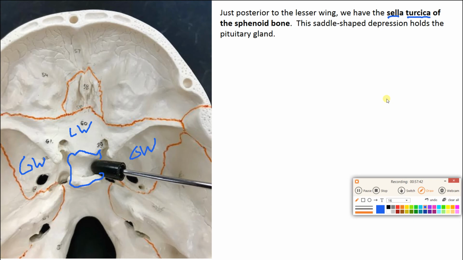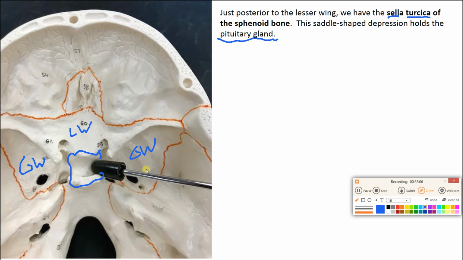The sella turcica holds an important gland called the pituitary gland, which is very important for bone growth, among other things. I love the sella turcica because it is a great landmark. Sella turcica, jump to the front, lesser wing. Jump to the sides, greater wings. Beautiful.